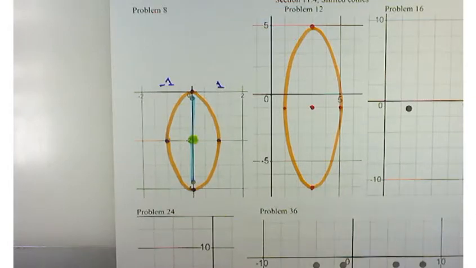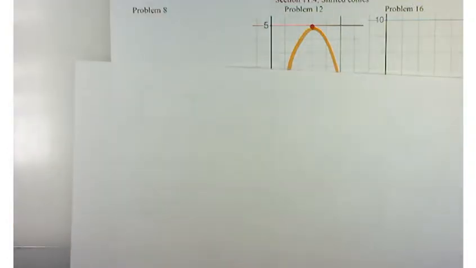All right. So there's one last thing we've got to figure out here, and that is the foci. So let's work on that. The foci are going to be c squared equals b squared minus a squared.